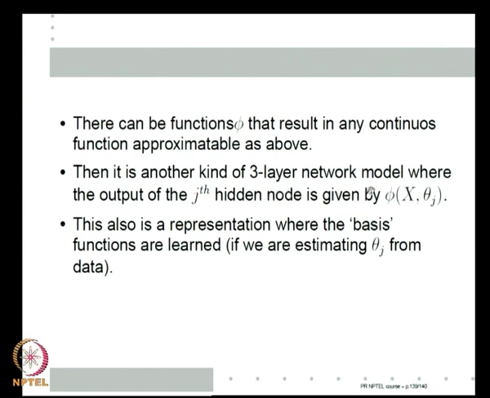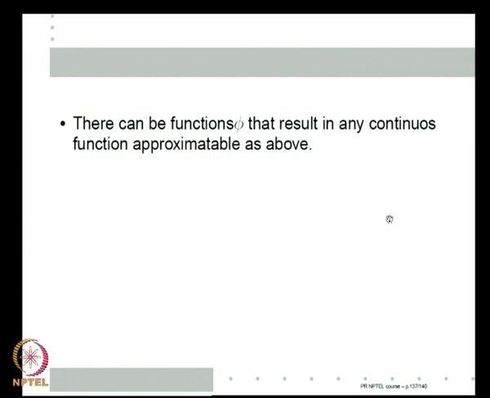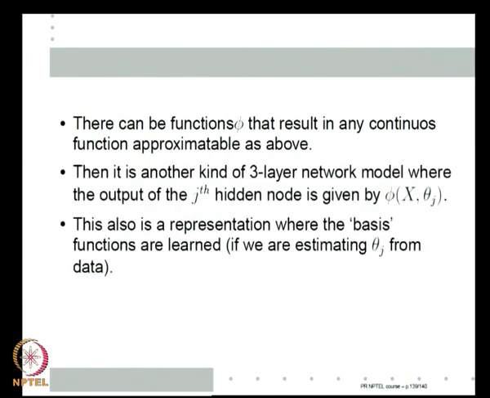I can think of this as another kind of three-layer network model, where phi of x comma theta j is the output of the jth node, and then multiply with beta j and sum it up, right. So, I can have a different three-layer network model whose output is like this, and this also is not a fixed basis function, but basis functions adapted.